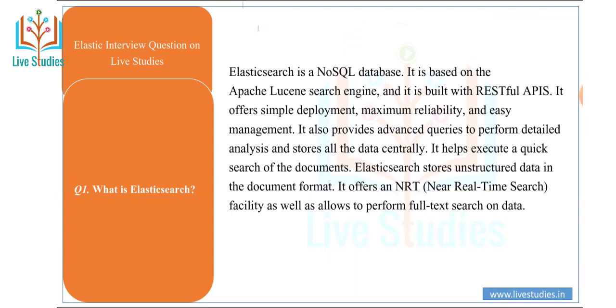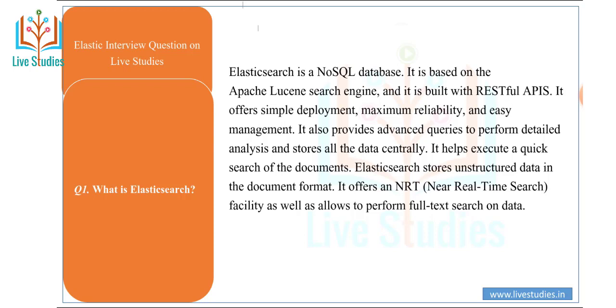My first question is, what is Elasticsearch? Elasticsearch is a NoSQL database. It is based on the Apache Lucene search engine, and it is built with RESTful APIs. It offers simple deployment, maximum reliability, and easy measurement. It also provides advanced queries to perform detailed analysis and store all the data centrally.